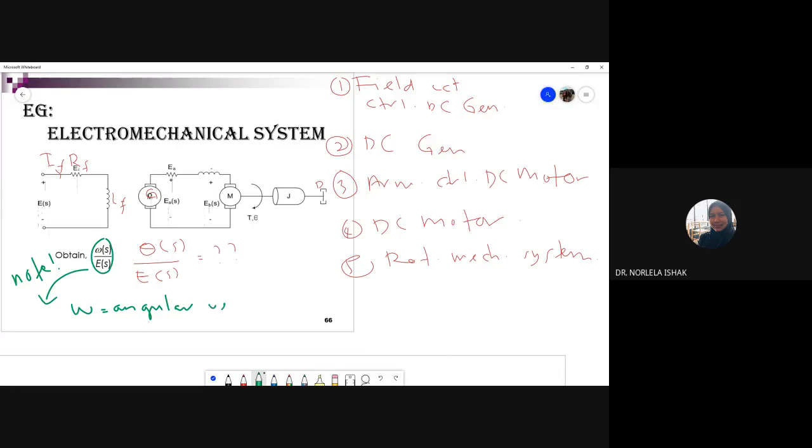Angular velocity, in terms of time, equals d theta(t) over dt. So we take the Laplace transform and we can get this in the S domain: S theta(S).